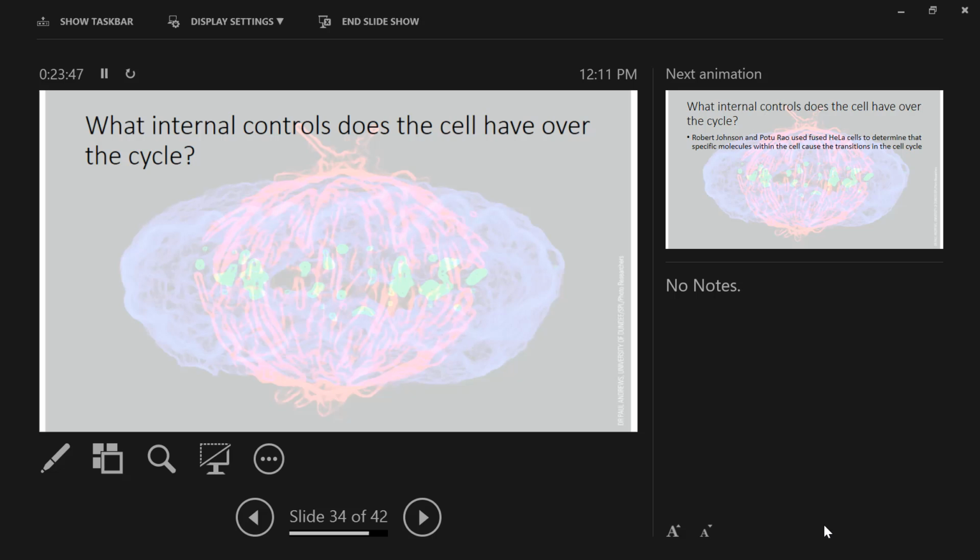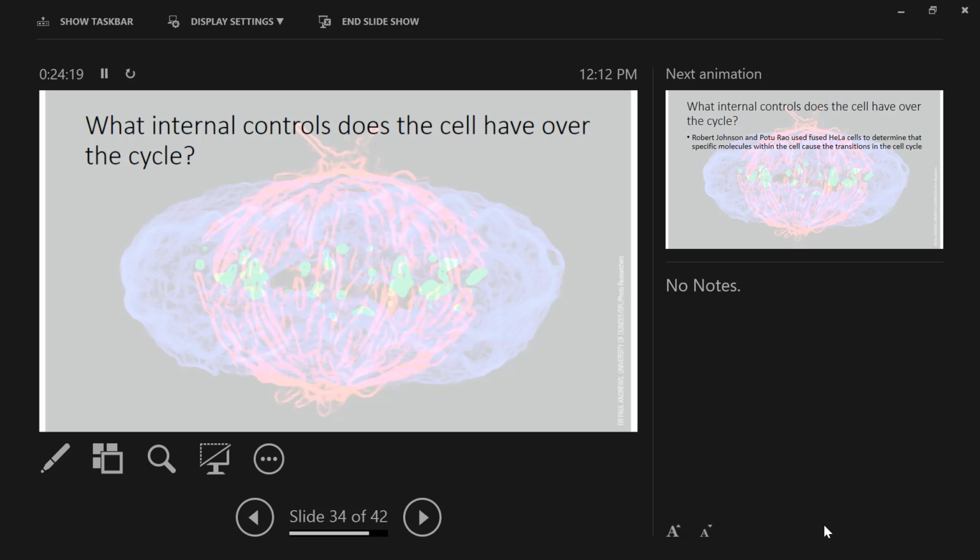So a cell's success, if you will, an individual cell, and it's weird to think about it this way in the context of a multicellular organism, but the success of a cell is determined by its ability to replicate itself perfectly, right? It's determined by its ability to ensure that when it goes through the replication process, through both M phase and cytokinesis, it produces daughter cells that are identical to itself.